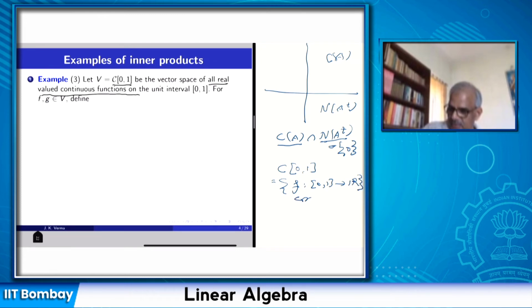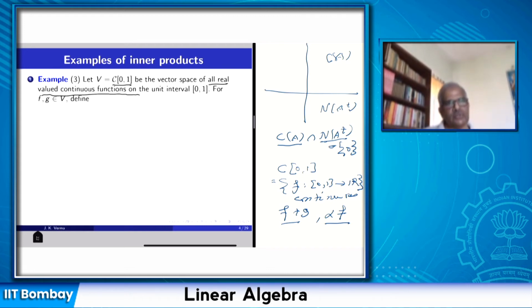Take all continuous functions, then we can add them and take scalar multiples. We know that the sum of two continuous functions is continuous on this closed bounded interval, and a scalar multiple of a continuous function is also continuous. So this is a vector space. You can go back and check those axioms.